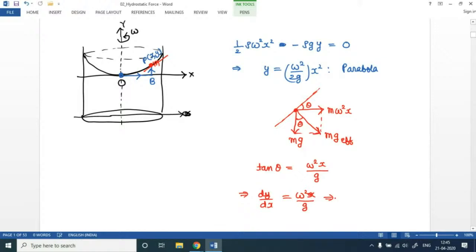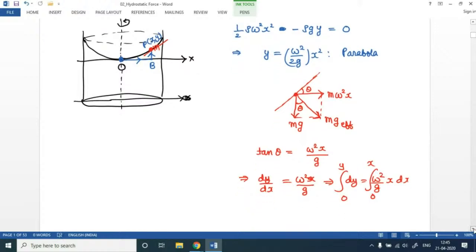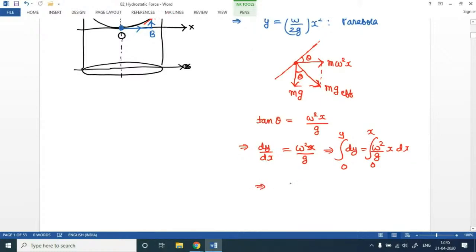Just by rearranging, dy is equal to omega square by g into x dx, and when you integrate that from 0 to x and from 0 to y, this simply will give you again the same relationship, y is equal to omega square by 2g into x square. Again, same relationship we have got, but this time by another method.